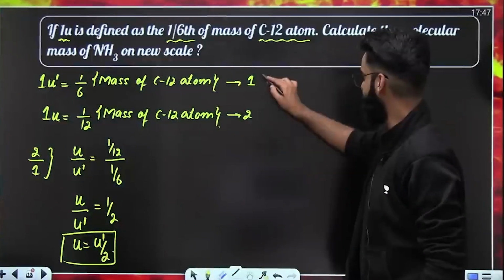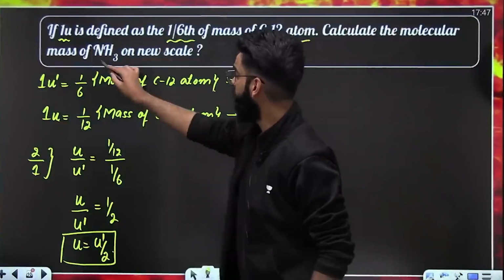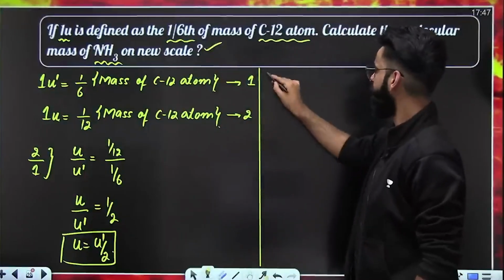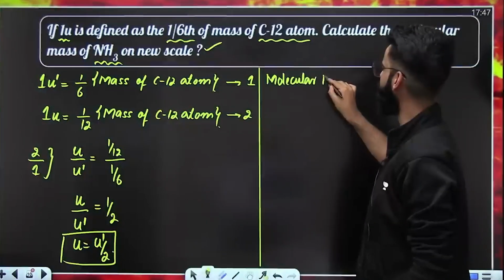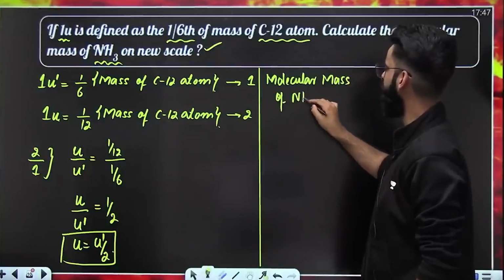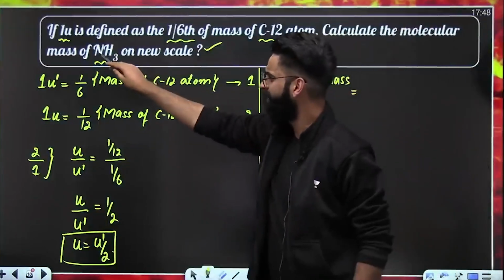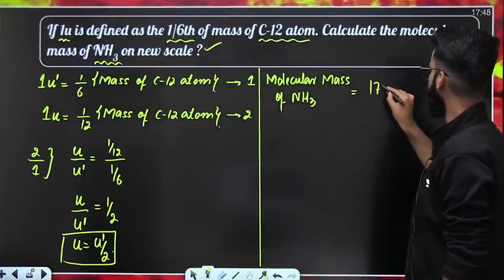Now, students, what is the next step? What do we have to calculate? We need to calculate the molecular mass of NH3 as per the new scale. If I ask you the molecular mass of NH3 as per the conventional scale, how much is that? Nitrogen is 14 plus hydrogen, 1 multiplied by 3. The value will be 17U.